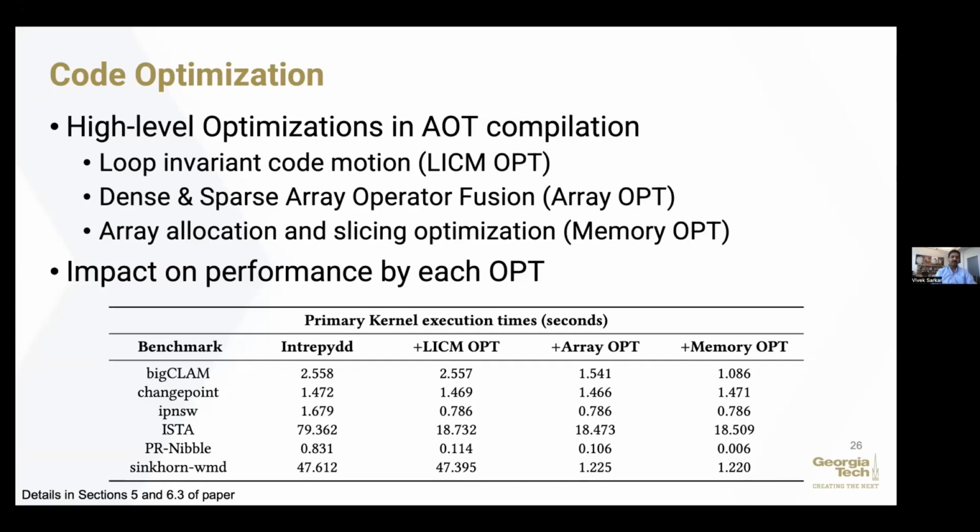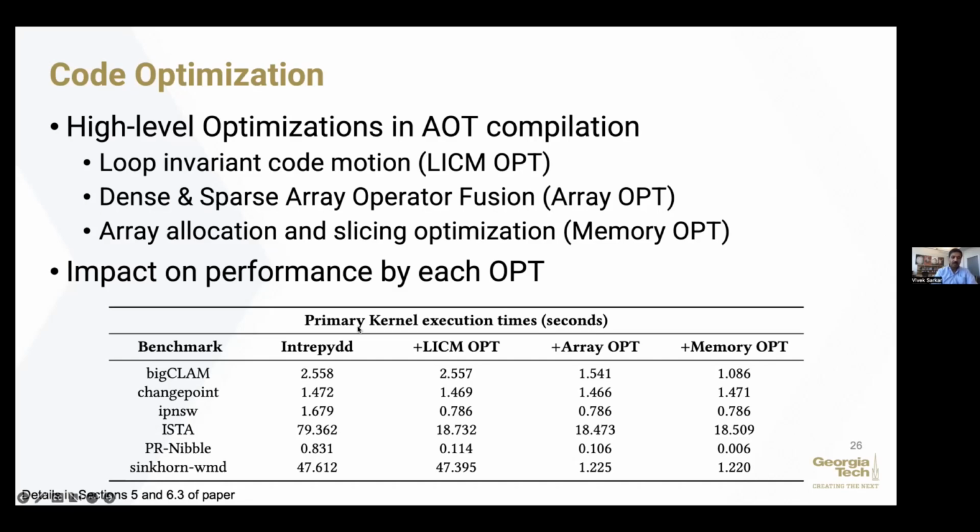So that's really a redundancy that operator fusion removes, for results that would just end up being multiplied by zero. And then there's also the need for some careful memory management, array allocation, and slicing.